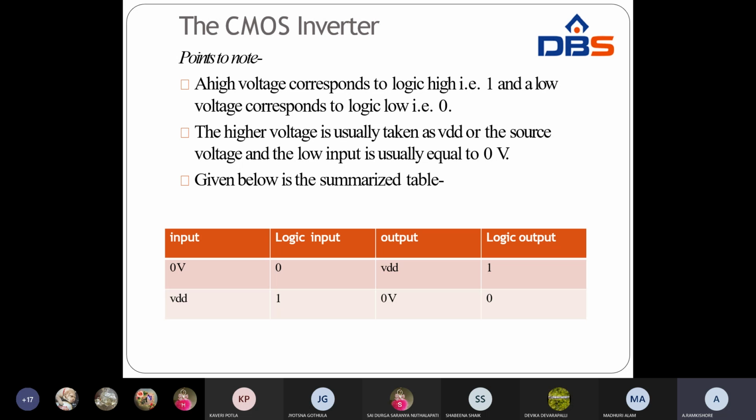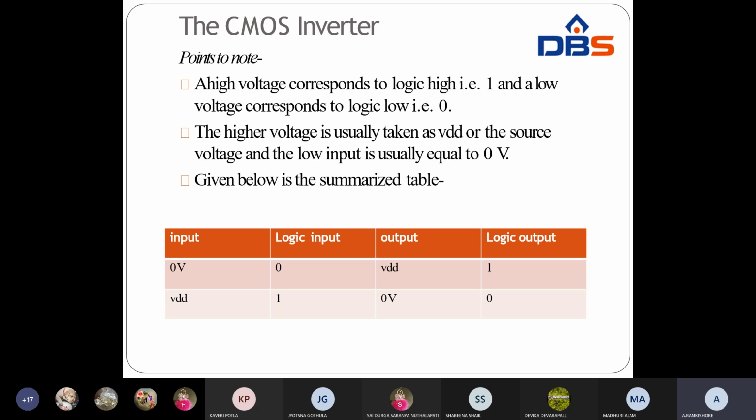The high voltage is usually taken as the source voltage, and the low input is usually equal to 0 volts. So high is related to logic 1, and low voltage corresponds to logic 0.